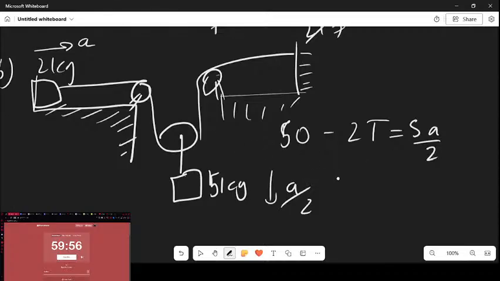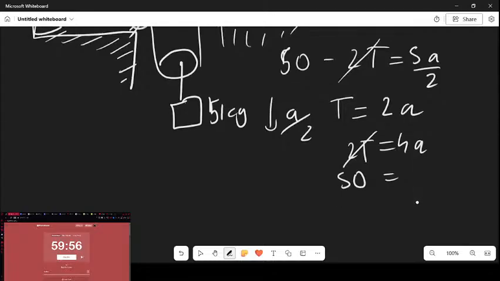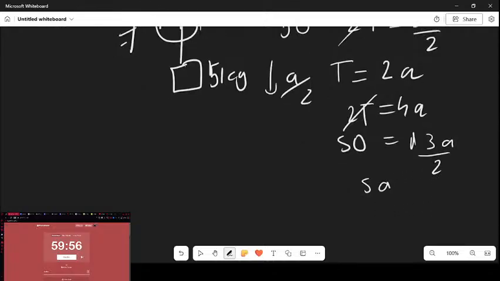It's going to move with an acceleration, tension is equal to 2a, 2T is 4a, and just add it. 50 is equal to 8a plus this, and so it becomes 13a by 2, and 5g, 10g by 30 is equal to acceleration.